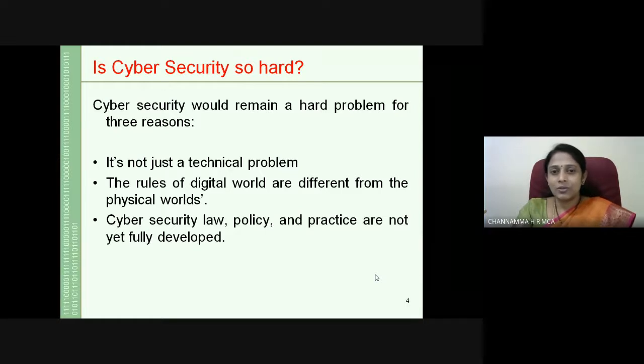Yes, it is true. But another problem is it is not just a technology problem. It also includes human psychology. As our chief guest mentioned in the first session, Dr. Gaurav Gupta, he said exploiting the emotions of humans, right? I'll just give an example, like how we protect our data by encryption, or by protecting with a password, isn't it?